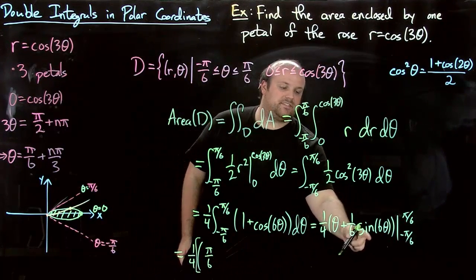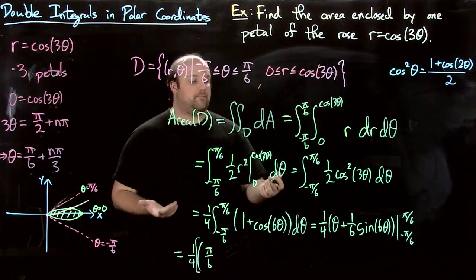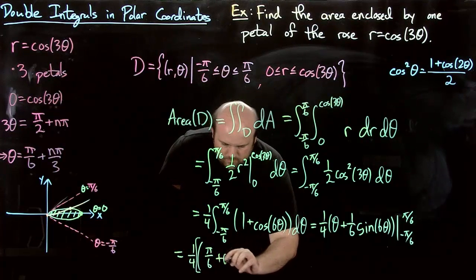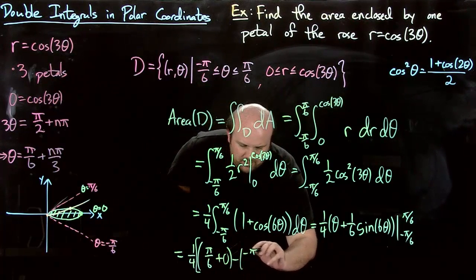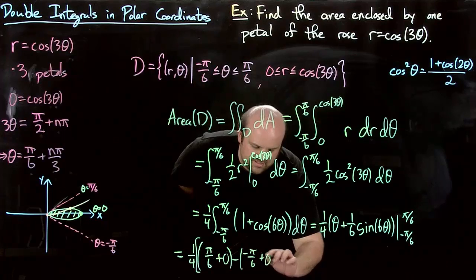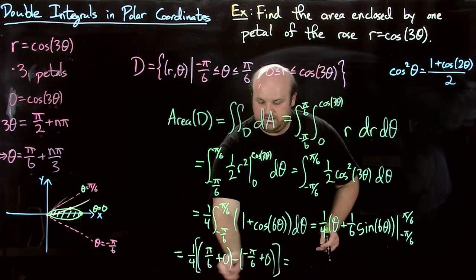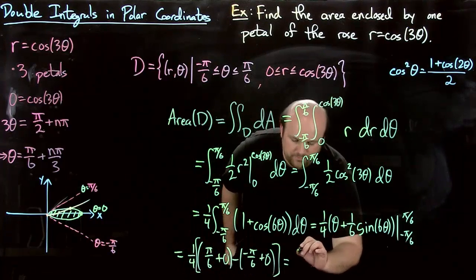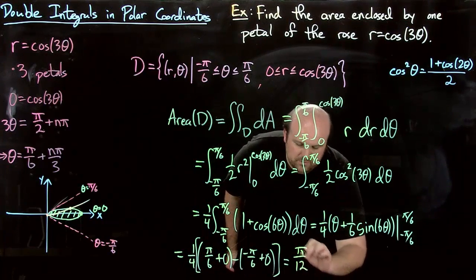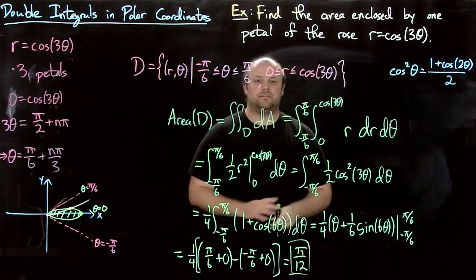Plug in the pi over 6 to sine 6 theta, you're going to get sine of pi, which is 0. Then minus negative pi over 6, and again plus 0. So here you'll get pi over 3 divided by 4, so pi over 12 as your final answer.